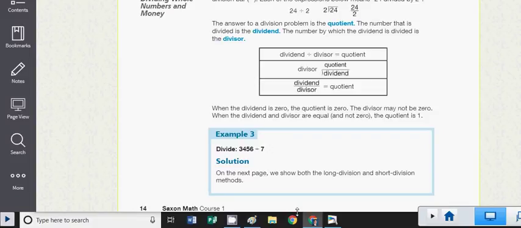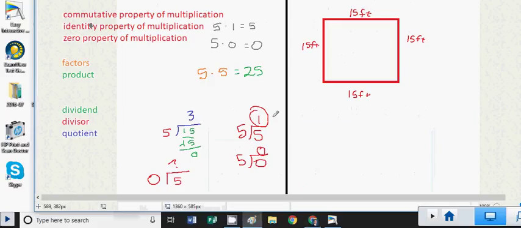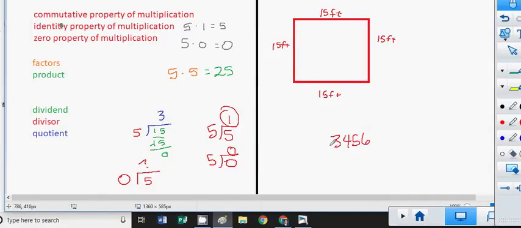So they divide 7 into 3,456 here. Divisor is 7. It doesn't fit into 3, and it doesn't fit into 34, so we have to attempt 7 into 345, which might help to use a calculator to come up with that one.